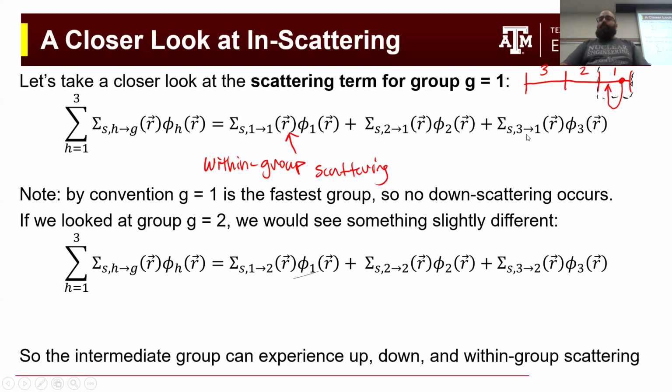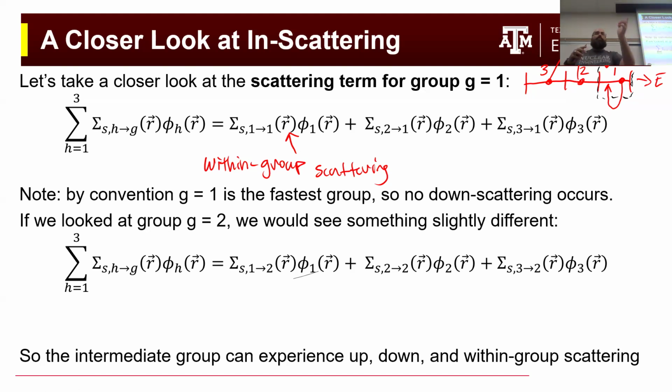And then look at these next two terms. These next two terms say I'm scattering from group 2 into group 1, and the third term says I'm scattering from group 3 into group 1. So I'm either starting in group 2 and ending up in group 1, or starting in group 3 and ending up in group 1. Remember, this is the way my energy axis goes, so groups 3 and 2 are lower energy groups.